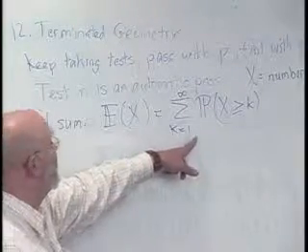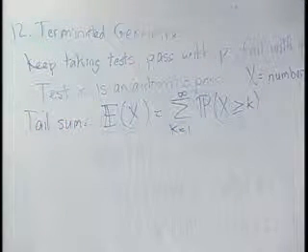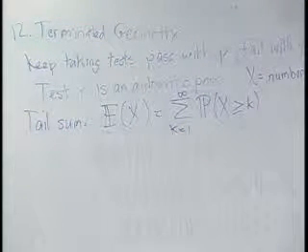You could also write this as the sum from k equals 0 to infinity of the probability that x is greater than k. They both come out the same.